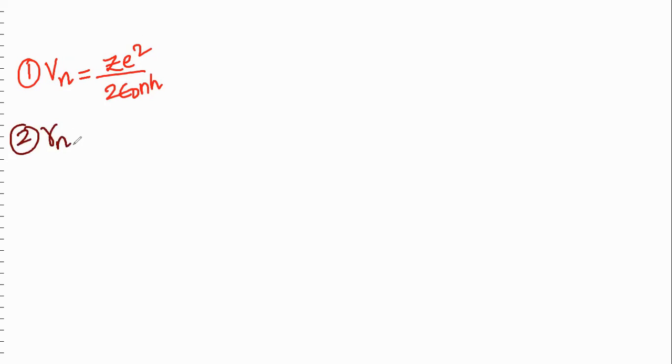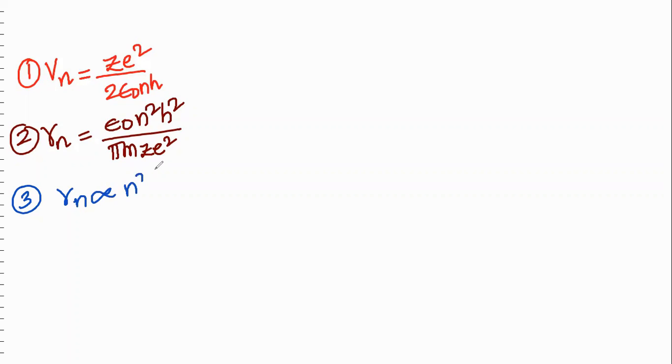Radius of the electron in the nth orbit, Rn is equal to epsilon naught n square h square divided by pi m Ze square. Then Rn is proportional to n square.